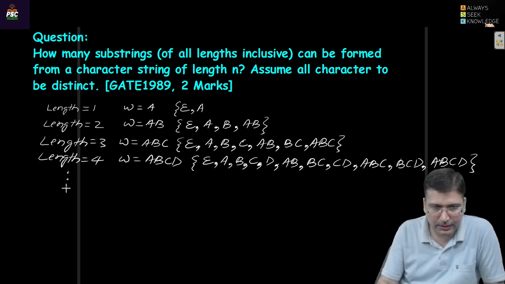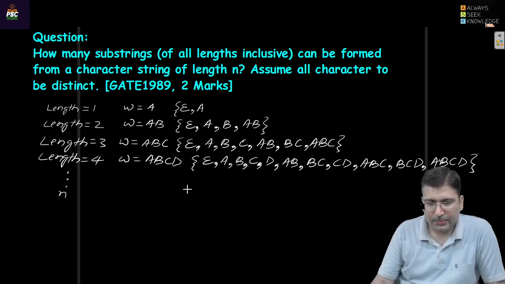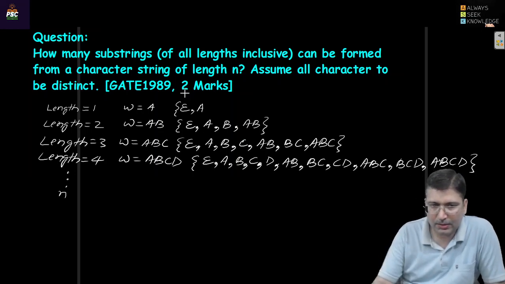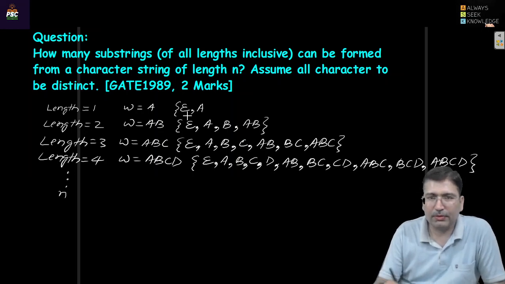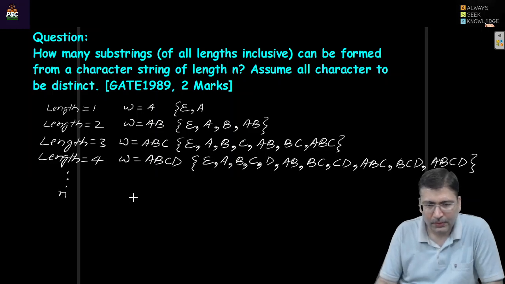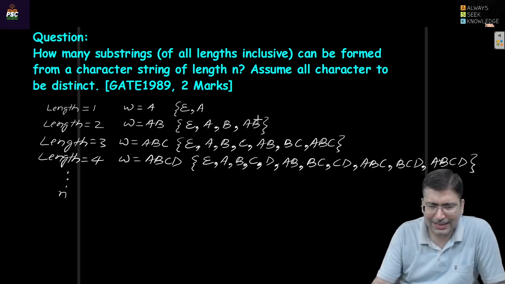If you go for n length, you need to find out the pattern. So what is the pattern here? If I start from 4, there is one string which is obvious, that is when we consider there is no character, the empty string. But apart from that, there is a pattern for 1 length, 2 length, 3 length strings.